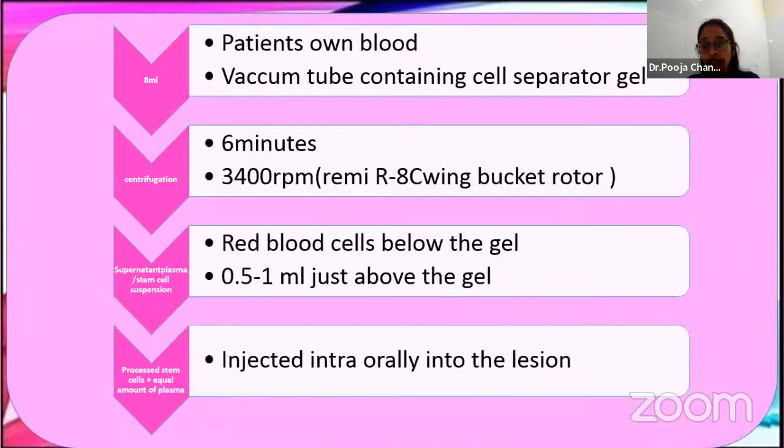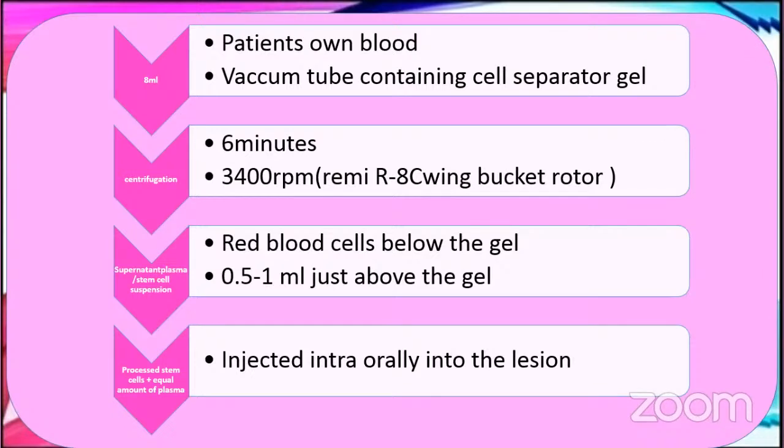For the preparation of the stem cells, what we did is we withdrew the blood from the most convenient site, the brachial artery. I drew about 8 ml of the patient's own blood into the cell separator vacuum tube, and that was centrifuged for 6 minutes at a rate of 3,400 revolutions per minute.